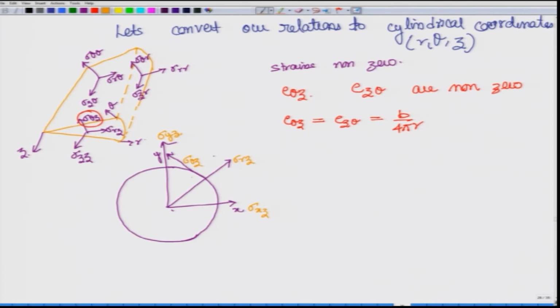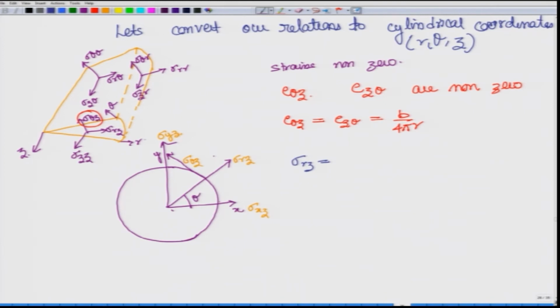So, now looking at the xy plane, we have sigma rz and sigma theta z, and now if we try to find a relation, we will see that sigma rz is nothing but the sum of the components from xz onto this and yz onto this, and the angle here is theta.